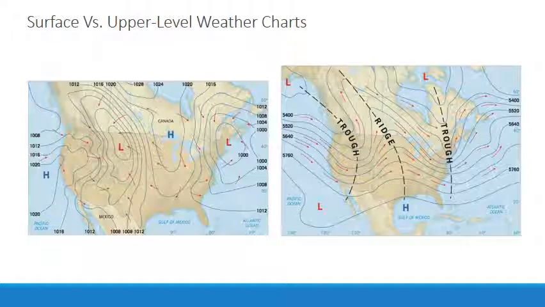The pressure in a high is greater than that of the surrounding air, and it's labeled with a large blue H. Whereas the pressure in a low region is lower than the surrounding air, and so it's labeled with a large red L. In general, high pressure systems are called anticyclones.